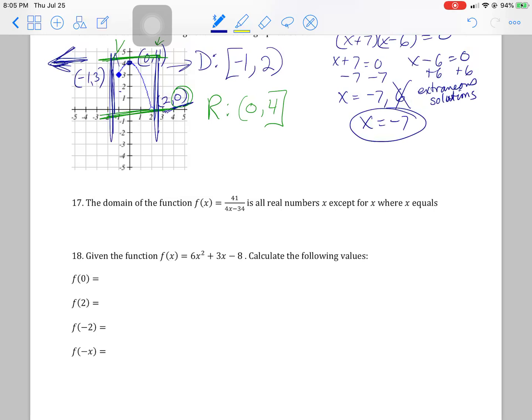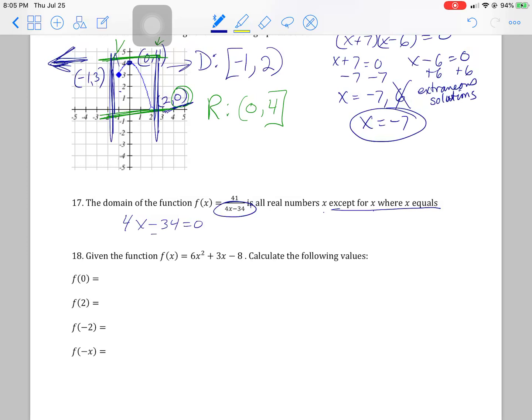The domain for the function, except for x where x equals. I don't know what that means. But I know that it's a rational expression, and that denominator cannot equal 0. So to find what x can be and not be, you need to set that equal to 0 and solve for x.